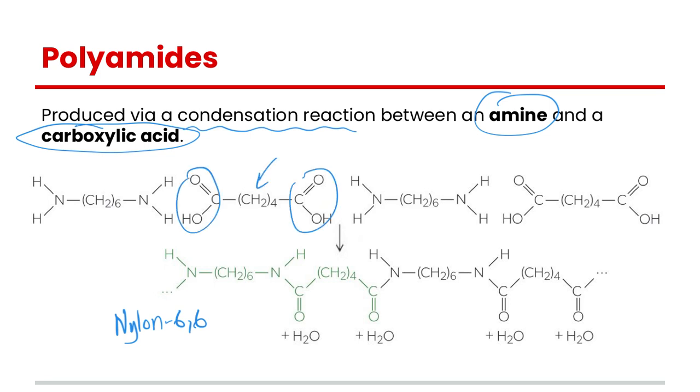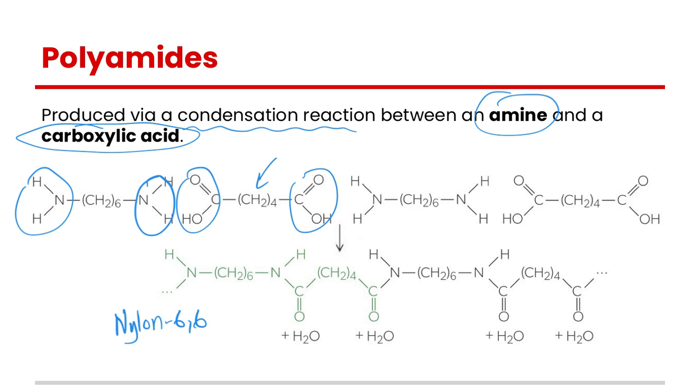It's a 6-carbon chain, so it's a hexanedioic acid. And then we have a hexane-1,6-diamine. So this has amines at each end. So it looks a little bit different than our polypeptide. Instead of having an amine and a carboxylic acid on one molecule, we have both amines on one and carboxylic acids on the other molecule.